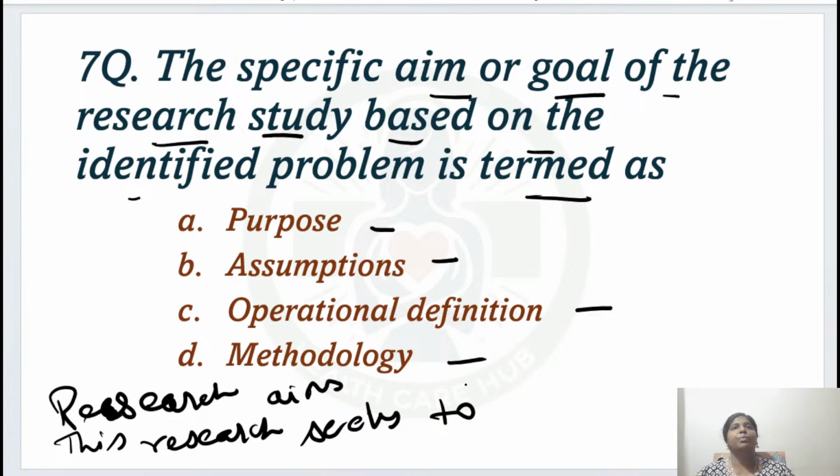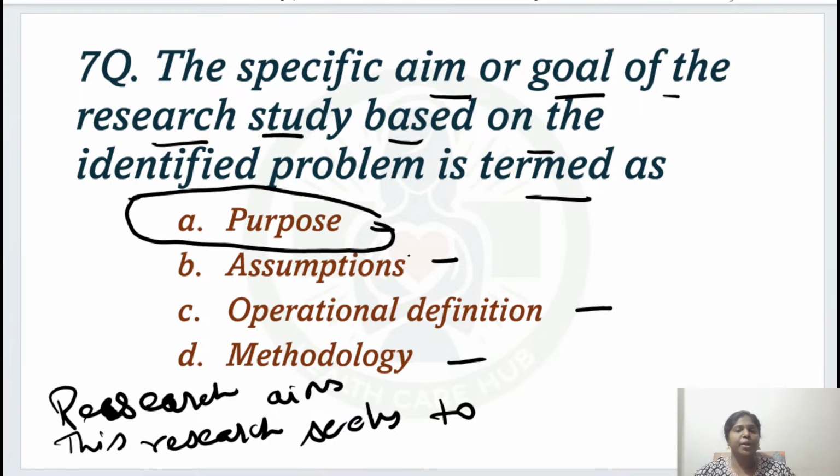It will be like, I want to know the awareness of antenatal care in primary mothers. For example, I want to do the study in a government maternity hospital, taking only the primary mothers. So how will I let them know? That is the purpose.